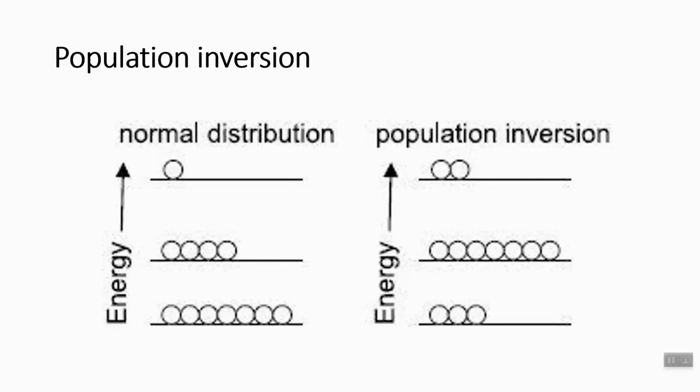By means of suitable pumping mechanisms, it is possible to excite the ground state atoms or ions or molecules to the excited states. So this second figure shows the case when there exists a larger number of atoms in the excited state when compared to that in the ground state. So this represents the population inversion condition.